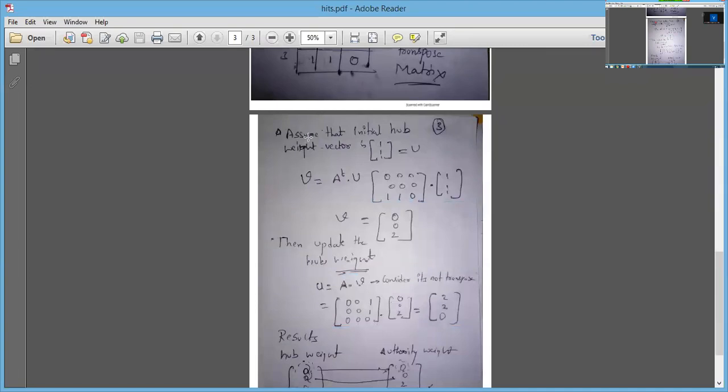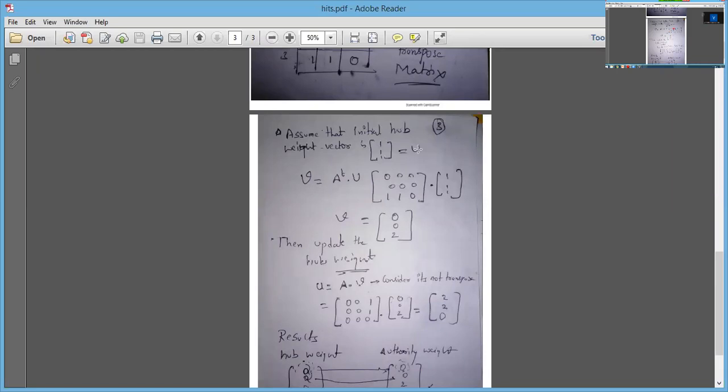Now assume the initial hub weight vector is 1, 1, 1. You are assuming the weight for the vectors, which is going to be considered as U. Now what is V? V is nothing but A^T dot U. You need to do the matrix multiplication with the matrix and the weight. When you do that, you are going to get the output 0, 0, 2.